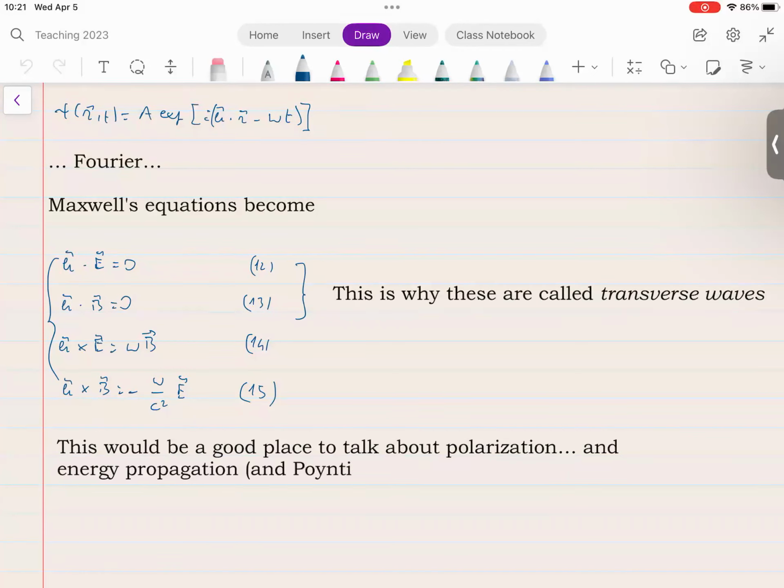I hope you've seen in E&M how to build the physical Poynting vector from the complex notation. But time is short, and so what we're going to talk about instead is wave packets.